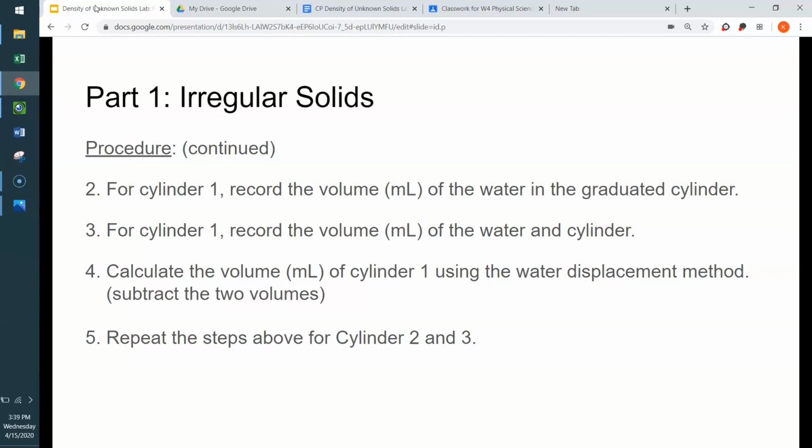Once you have those 2 volumes recorded, you need to subtract those 2 numbers so that you can calculate the volume of the cylinder alone. Once you've done that for cylinder 1, you're going to repeat these exact same steps for cylinder 2 and cylinder 3.